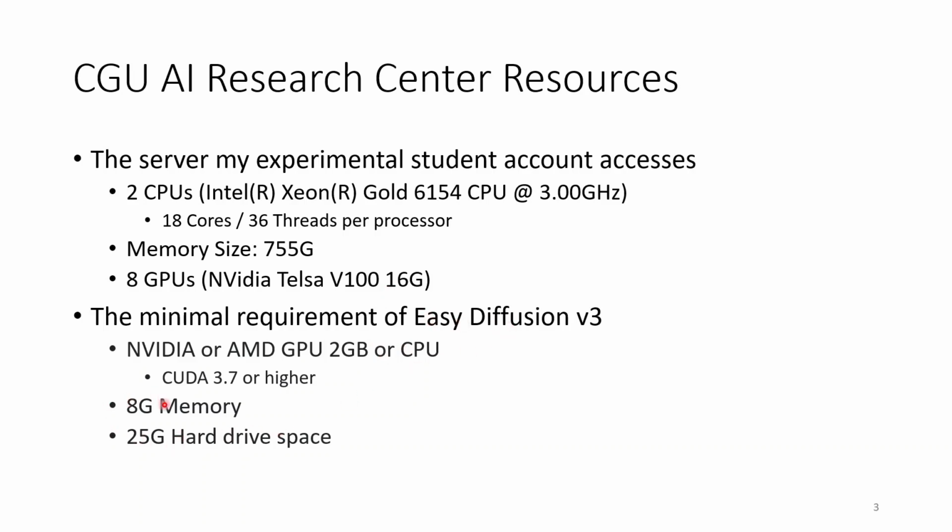It also needs 8 gigabytes of memory, and since we have more than 700 gigabytes available, you can allocate as much as you want. And 25 gigabytes of hard drive is easy, so we can easily allocate that.